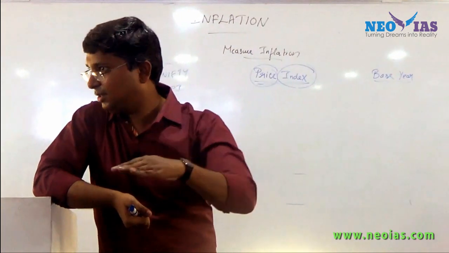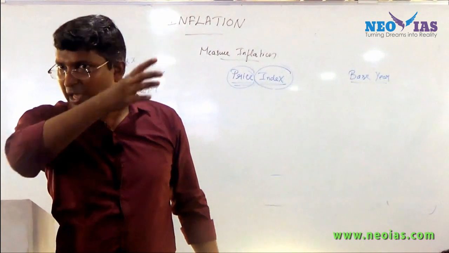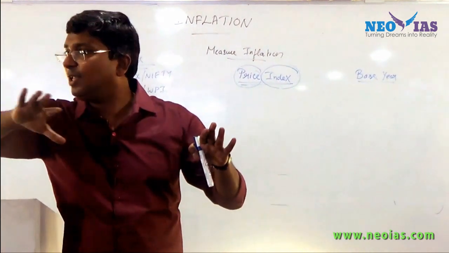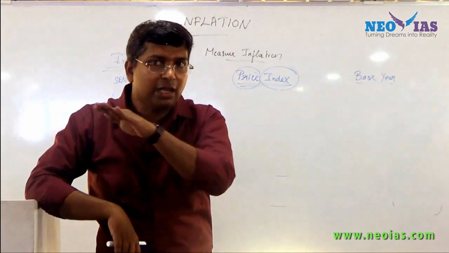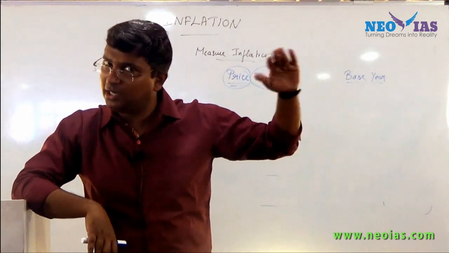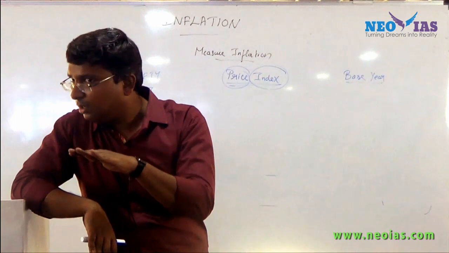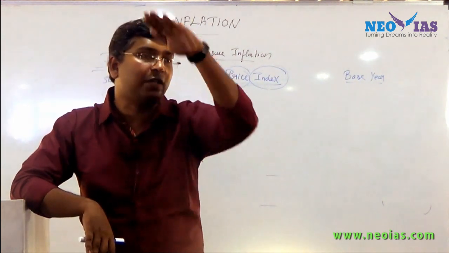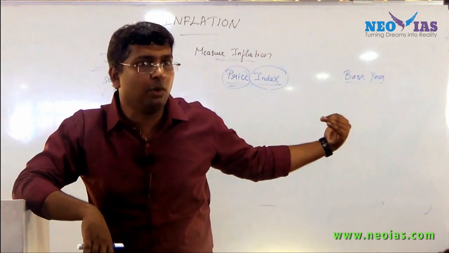In a normal year, the price level should match the average price level if you take an average of 10 years. We will discuss the base year in other topics also, not related to inflation, but normally every base year will be a normal year without any big fluctuation, especially as we are talking about prices here.